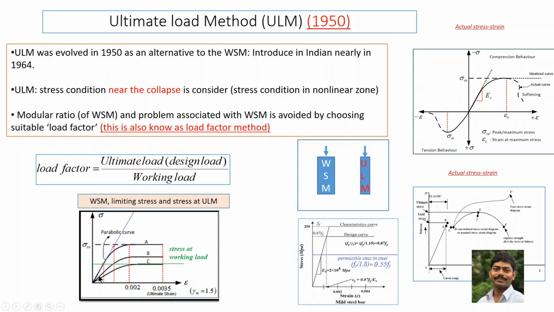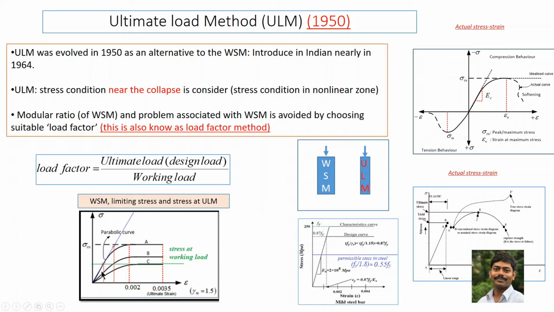For the time being, we just consider this value. Instead of coming here, we are just representing it here. Just assume this value corresponds to our working stress method, the linear elastic value, though actually it should be somewhere here.